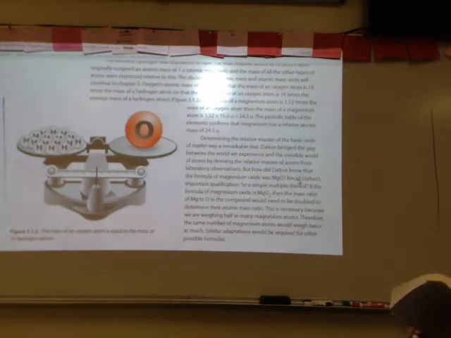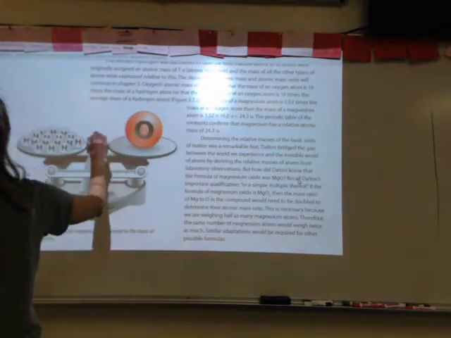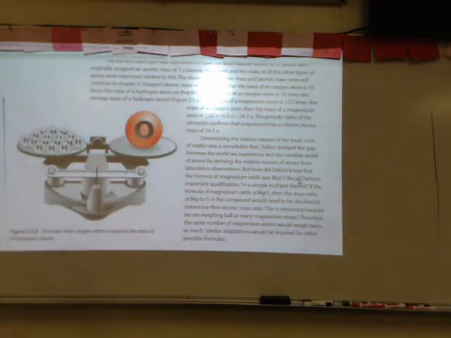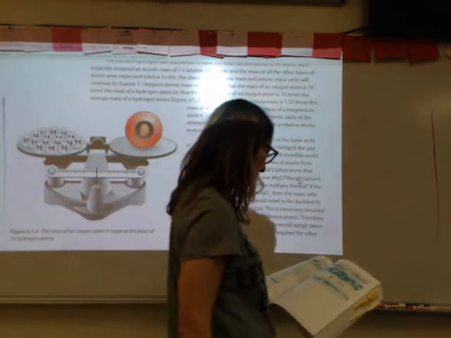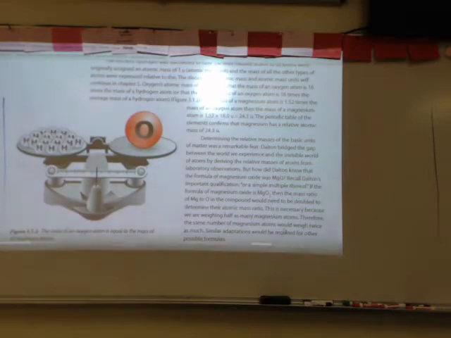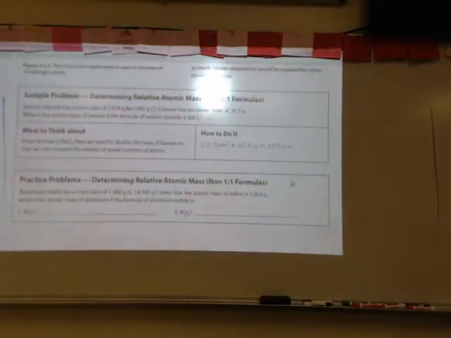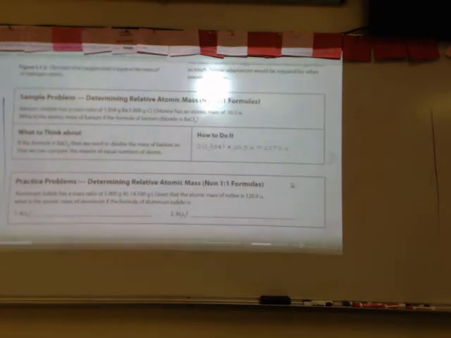So that's why you see here in this figure, I have 1 oxygen atom and 16 hydrogen atoms to give me a counterbalancing mass that is equivalent. If you take a look at these practice problems down here.